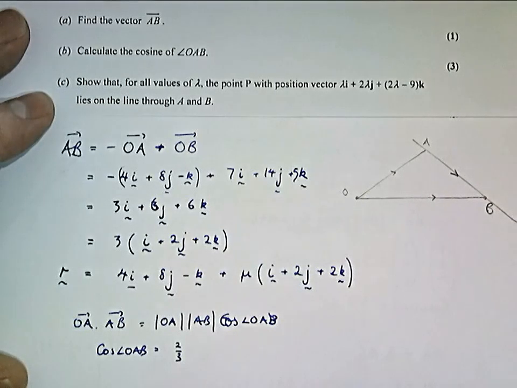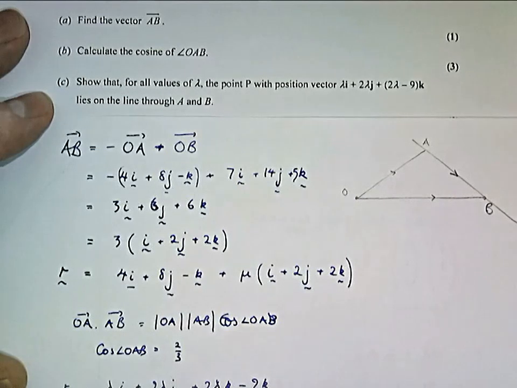We're saying this R, this position vector, is equal to lambda i plus 2 lambda j plus 2 lambda k minus 9k. Now those are the vectors, so we could rewrite this as minus 9k plus lambda times our friend i plus 2j plus 2k, which we've already come across.